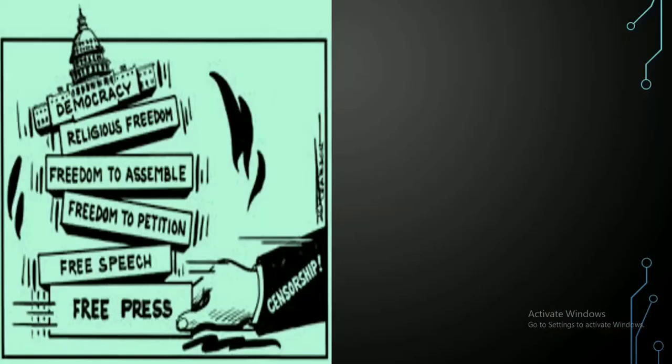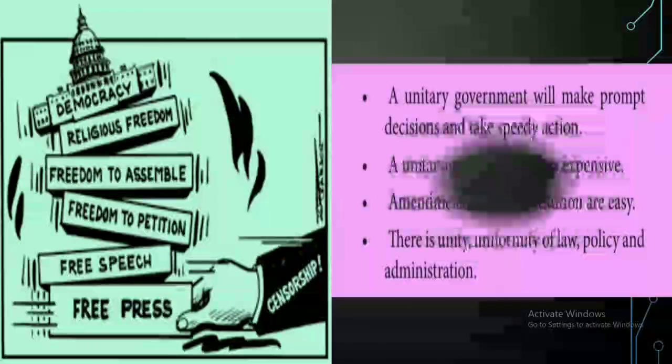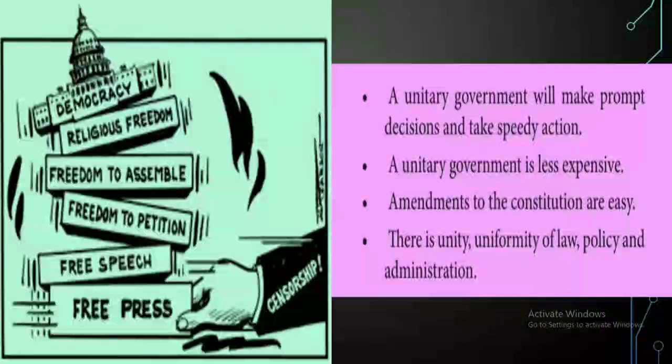Okay, now we'll see unitary and federal government. The unitary will have prompt decision making and speedy action with the members. But the federal will not have such work, so it would be weaker and the government is more expensive.